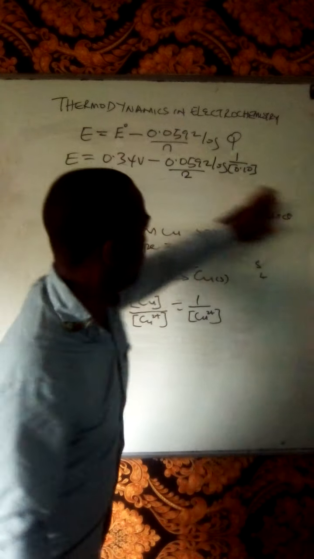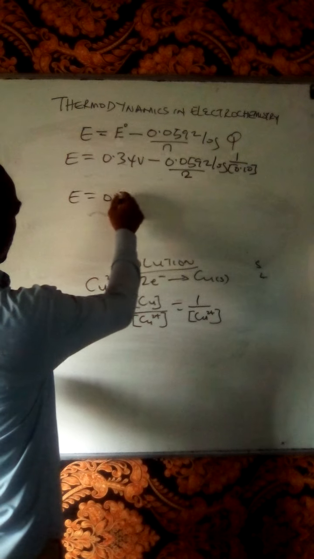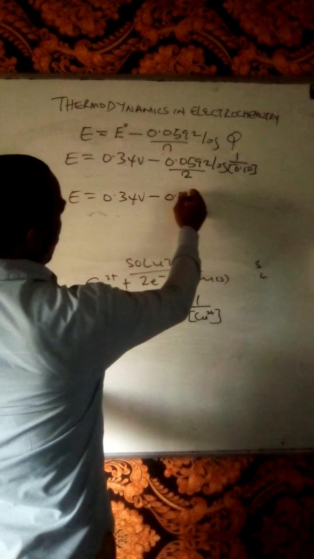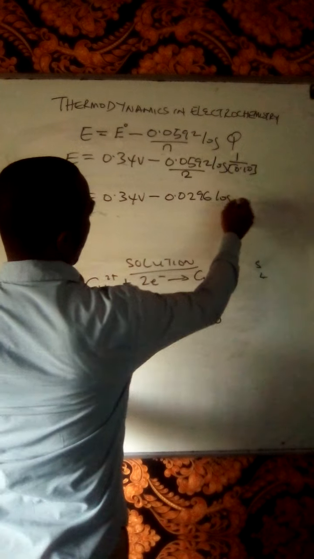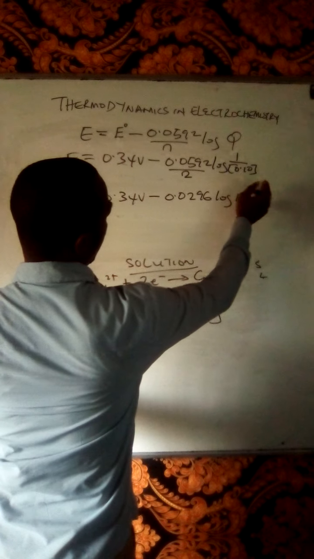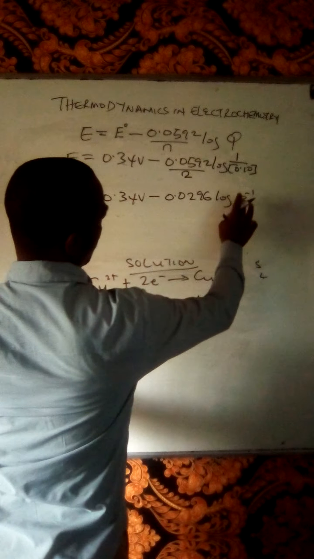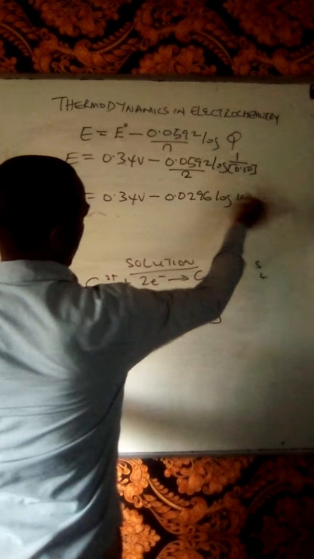So solving this, we arrive at E equal to 0.34 volts minus 0.0296 log of 10 to the power minus 1.